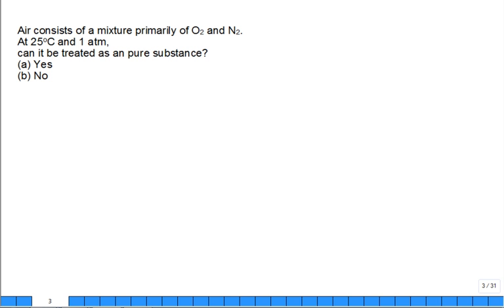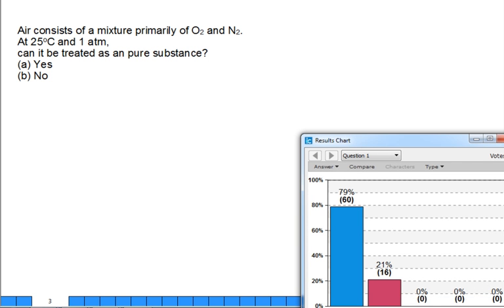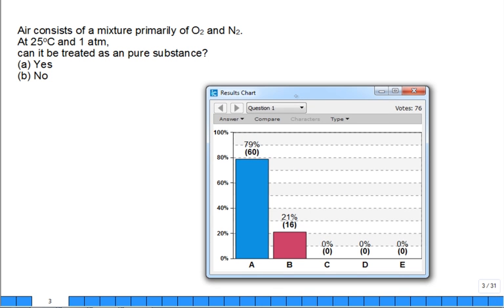All right. Well, I don't know what 16 people are thinking, but 60 people are thinking, yes, it can be treated as a pure substance. All right. How would I make it so that yes is not the correct answer?